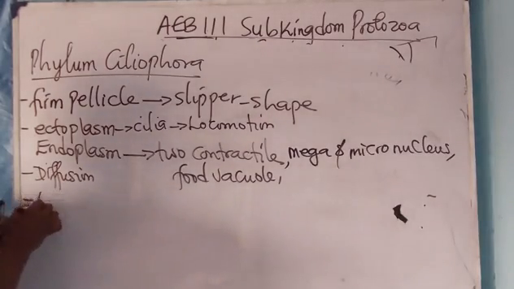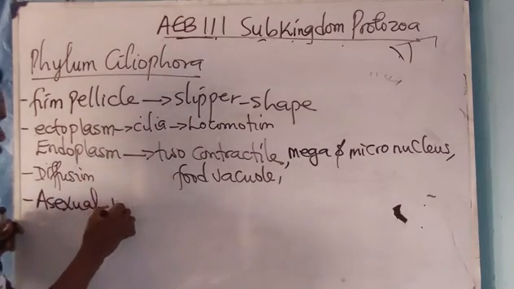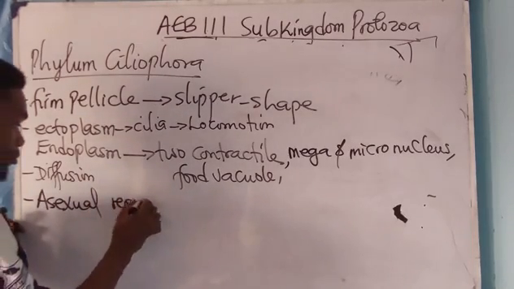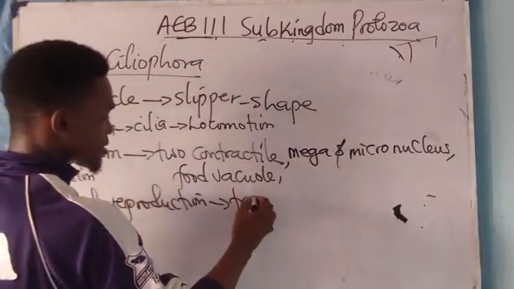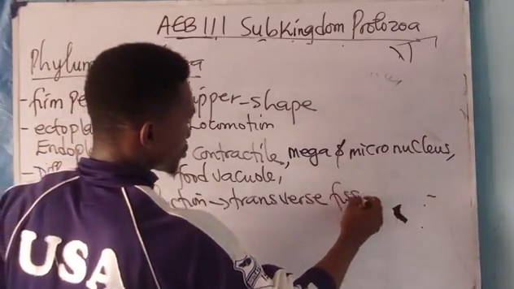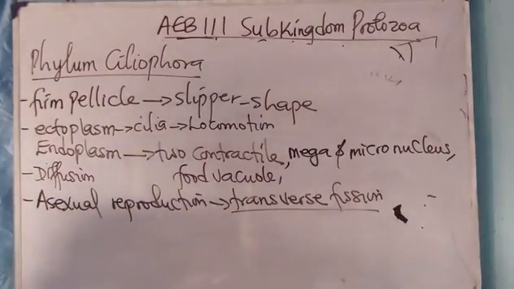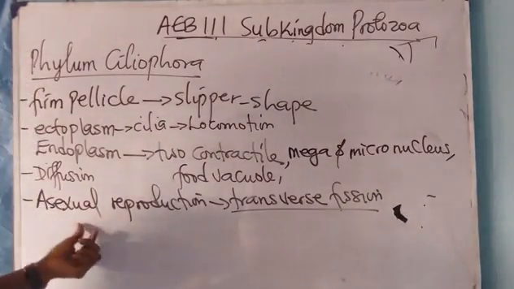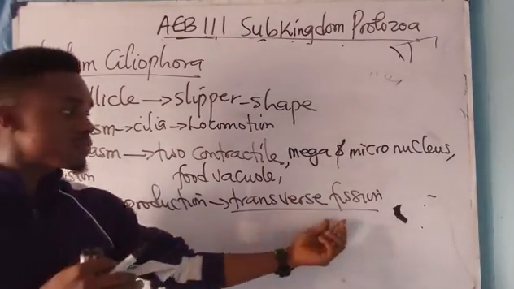Asexual reproduction is by transverse fission. Take note of this. Asexual reproduction in Paramecium is transverse fission.